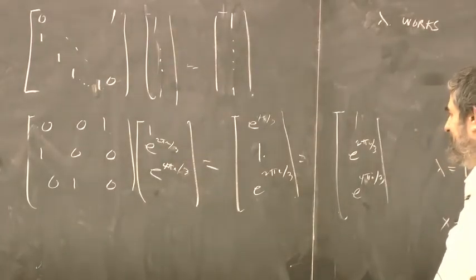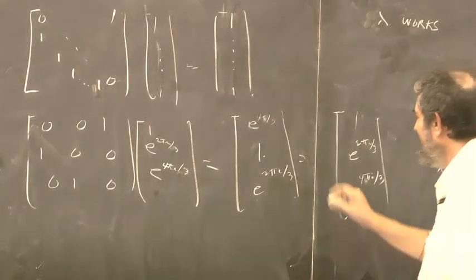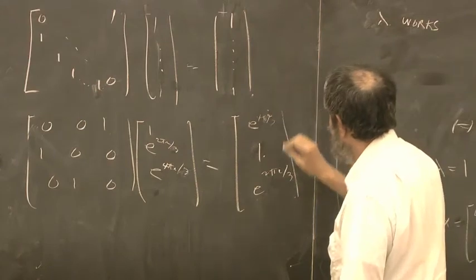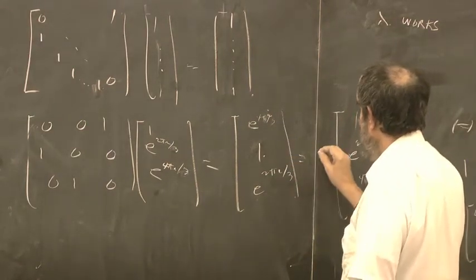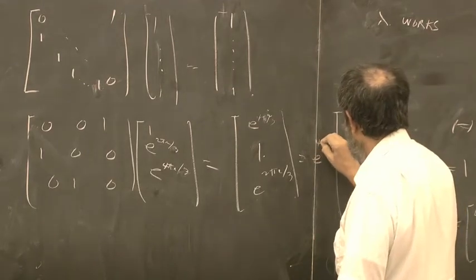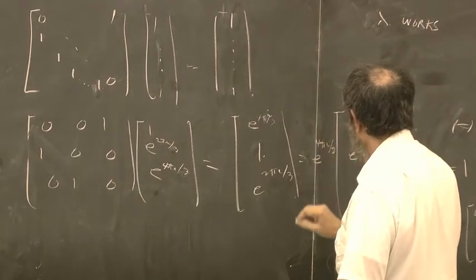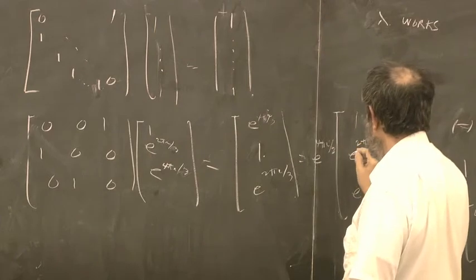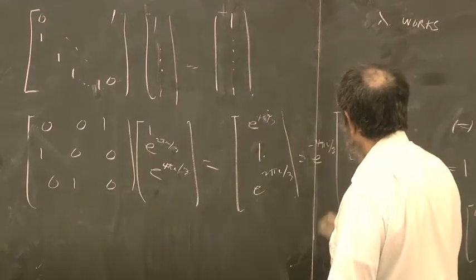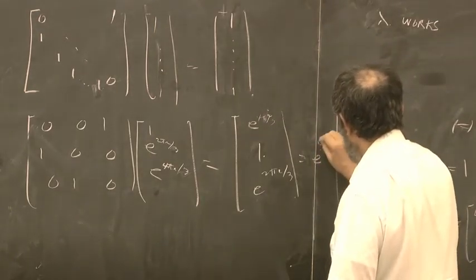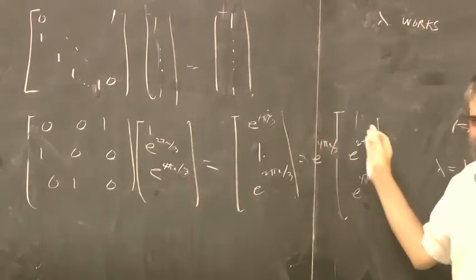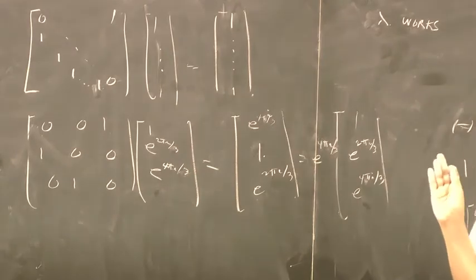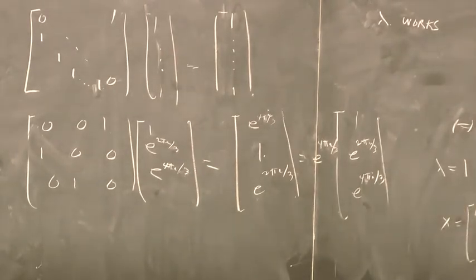I'm going to say that's e to the negative 2 pi i over n. Well, how about just e to the 4 pi i over 3? If you look at the first coordinate, if that one works, that's the only thing it could be.